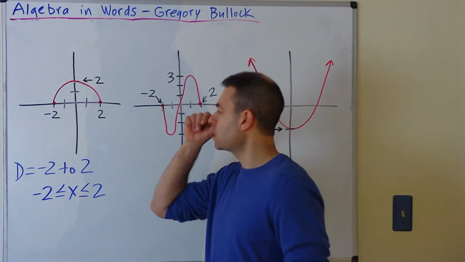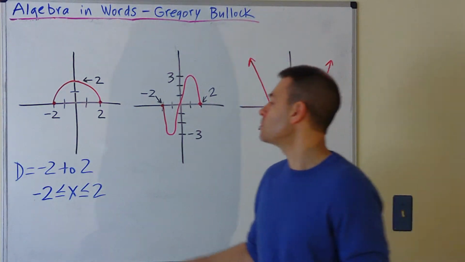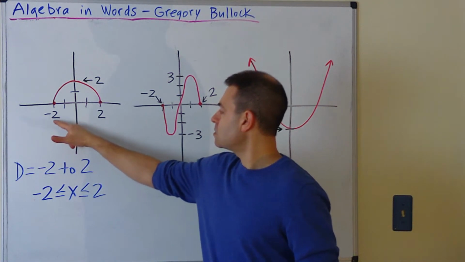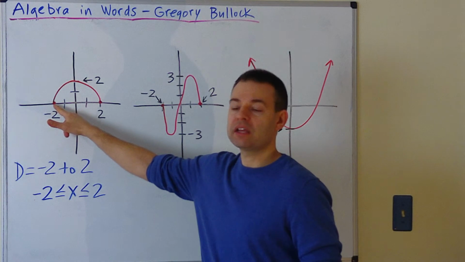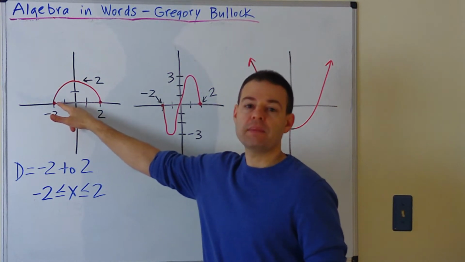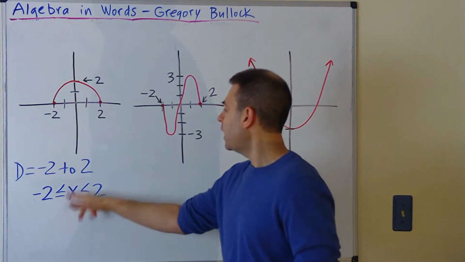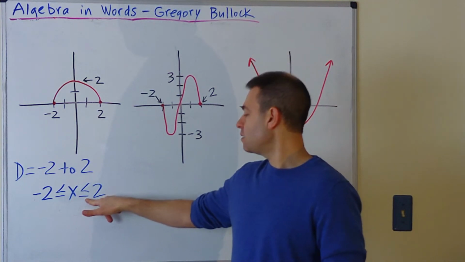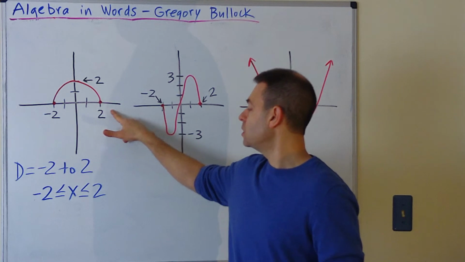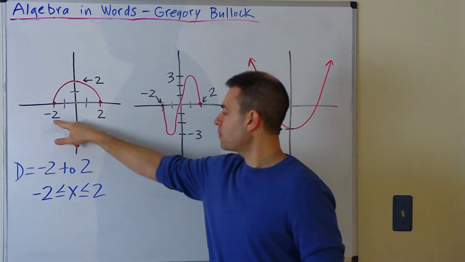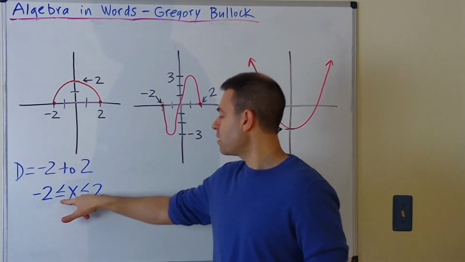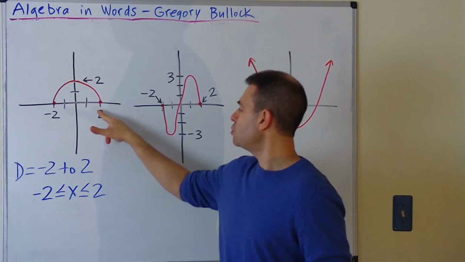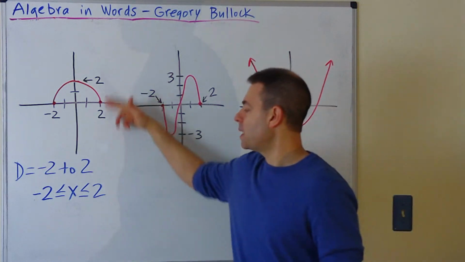So if you're thinking of x as the x values in the domain, x is greater than or equal to -2. It's greater than or equal because the dot means it's inclusive. And it ends here as the highest. So if we look at x is less than or equal to +2, whereas this was x is greater than or equal to -2, so greater than here and less than 2 here, that's what makes this make sense.